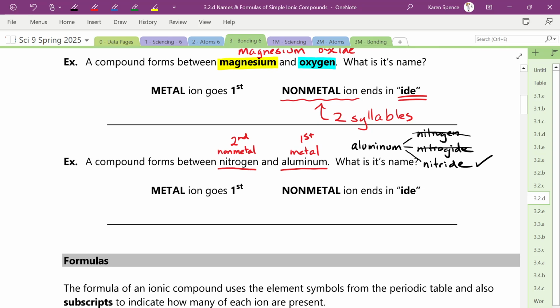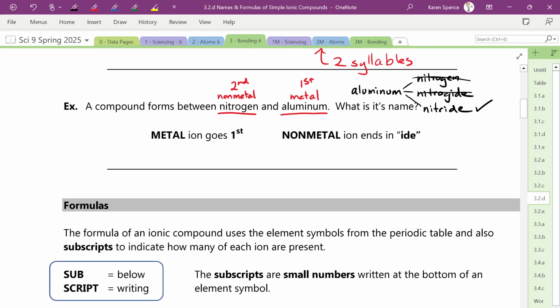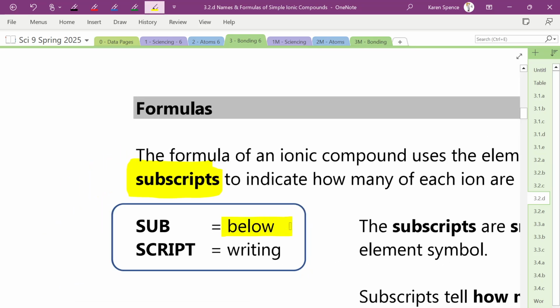Now, formulas, you should be a little bit familiar with these. We have been looking at these little subscripts. Have we talked about this word yet? Maybe not. Subscript. Sub means below. So if you go in a submarine, you are going under the water.